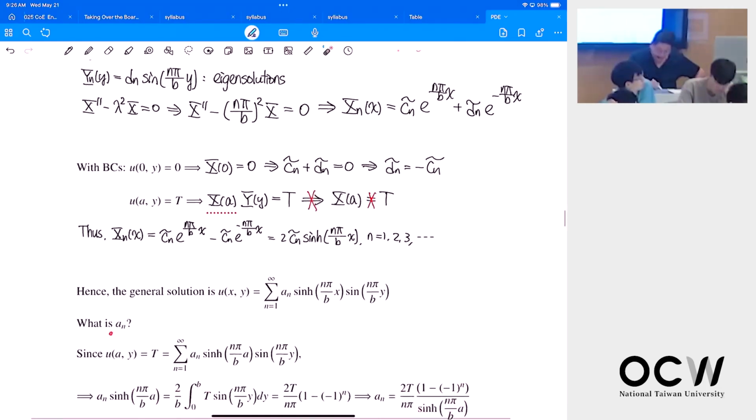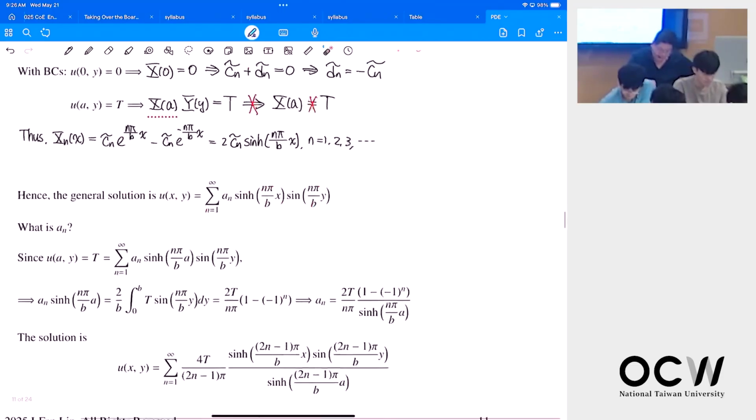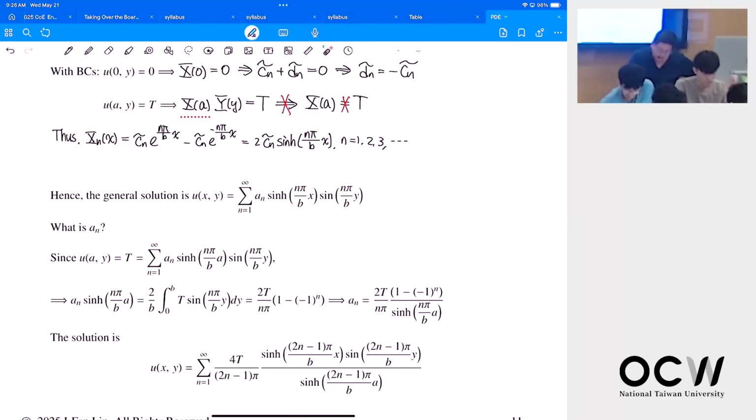So for an, we know that at x equals a, here the temperature is overall T. So that means x is A.